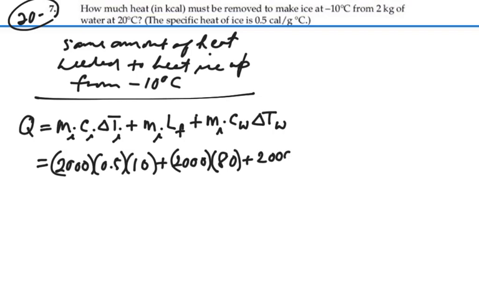And then we're going to heat up the resultant water, 2,000 grams of it. Specific heat of water is 1, and we're going to heat it up 20 degrees. So at final temperature 20, initial temperature 0, change in temperature 20 degrees.